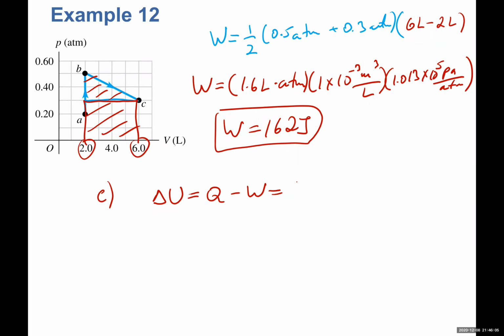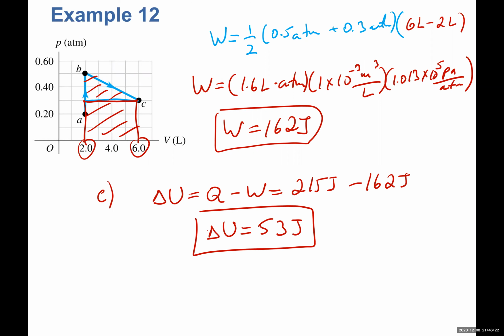So if we had 215 joules as Q, heat added, and 162 joules of work done, so minus 162 joules, then delta U is 53 joules. That means we have a net gain of 53 joules that increased the thermal energy or internal energy, which means that the temperature will also increase for our system. All right, so that concludes this chapter.